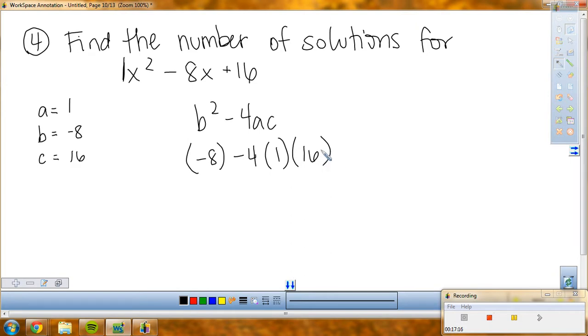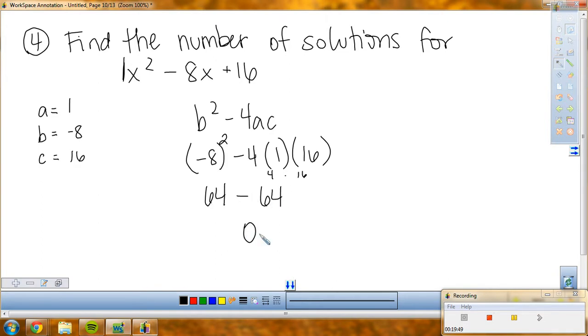So now I simplify. Oop, I forgot the squared. -8 times -8 is positive 64. 4 times 1 is 4 times 16. 4 times 16 is, I bring down my negative, and I have a 64. So now I have 64 minus 64.